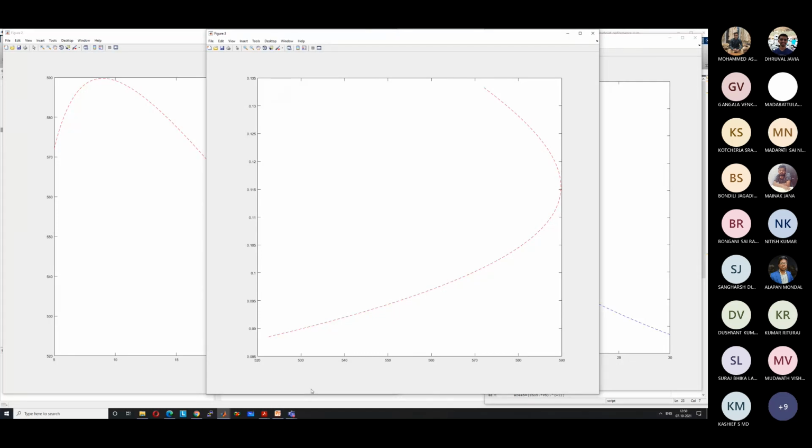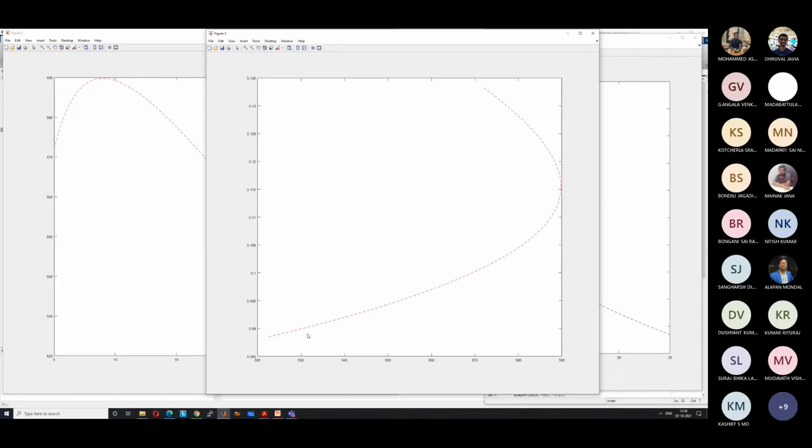This is known as the performance characteristic of the turbojet engine. So this gives us, for a certain turbine inlet temperature, how the thrust specific fuel consumption varies with the specific thrust.